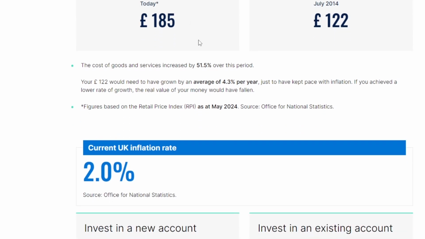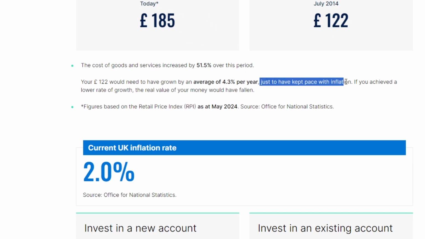Now these figures might not be super accurate, so they might be accurate to a factor of 0.5% plus or minus each way. And it says here the cost of goods and services have increased by 51.5% over this period. That means that your 122 would have grown by an average of 4.3% per year. So that's with inflation added on, so that's how you get this 185 figure.